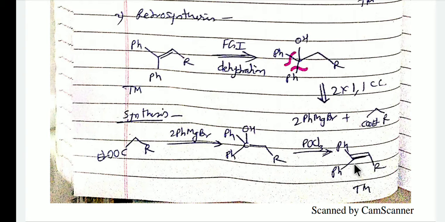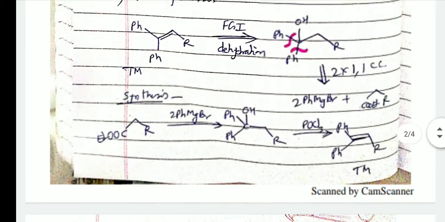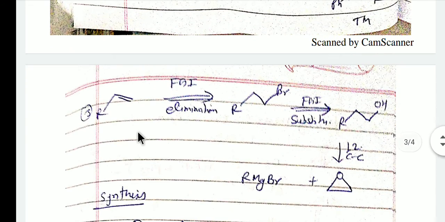This is our target molecule, which was retrosynthesized in this reaction. So we can easily form the alkene by this alcohol dehydration method.